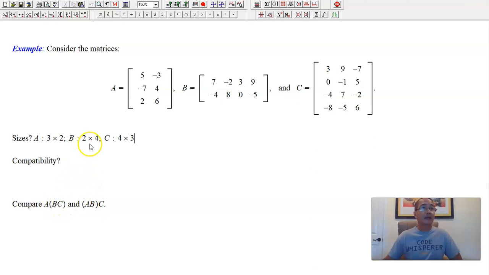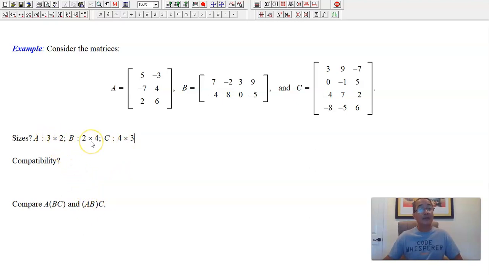What is B times C? Are they compatible? Yes, because 4 is the same as 4. So B times C is 2 by 3. Now we will multiply a 2 by 3 matrix on the right by a 3 by 2 matrix on the left. Yes, 2 columns on the left, 2 rows on the right. So you will have as a product a 3 by 3 matrix. Okay, now how about A times B first?